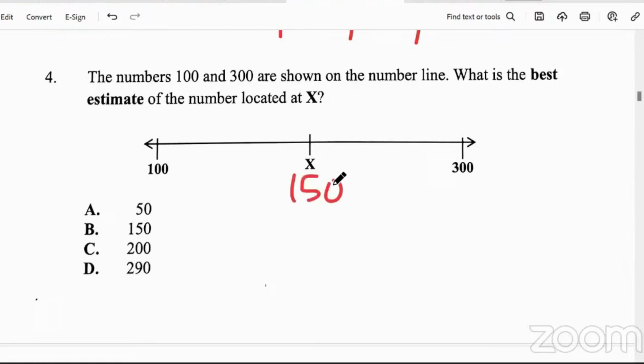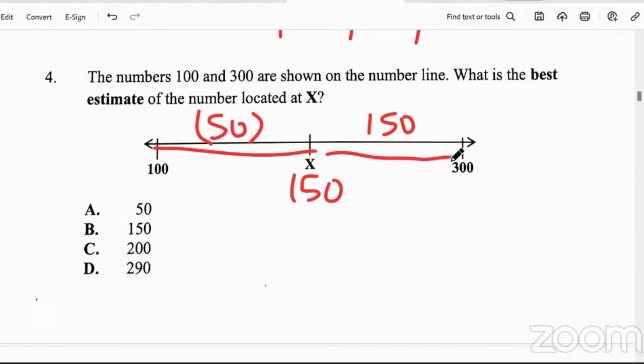The difference between 100 and 150 would be a difference of 50, and then between 150 and 300, that's 150. So we would be saying that the distance from here to here is 50, and then from here to here is 150. And that would not be true because they should be equal increments from X. So that would also be incorrect.